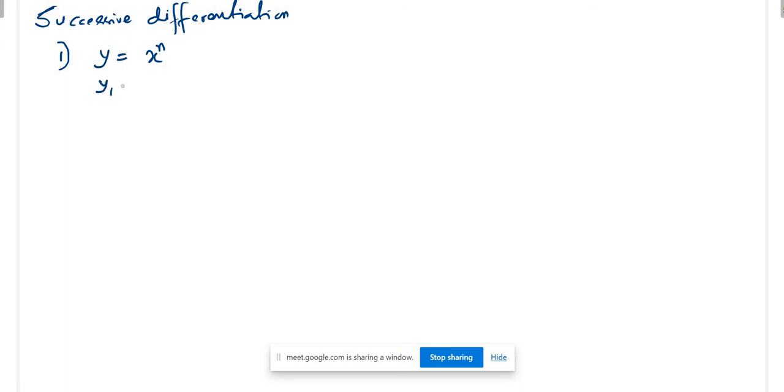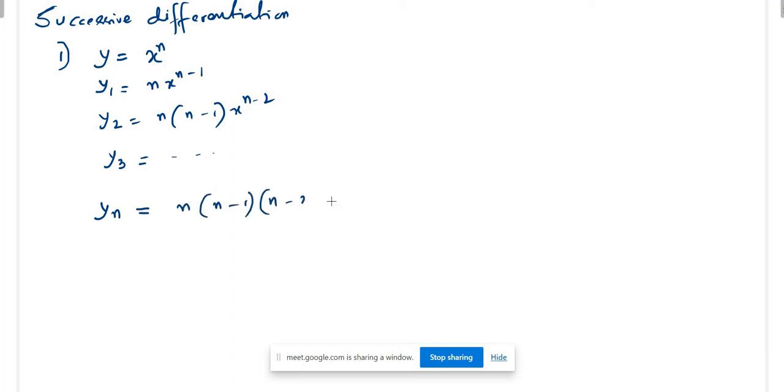Then y1, as you know, is n x to the power n minus 1. y2 equal to n times n minus 1 times x to the power n minus 2. Y3, similarly you can do y3, y4. So generally yn will be n into n minus 1, n minus 2, into 1. So it is actually factorial n, and onwards derivatives yn plus 1, yn plus 2 onward derivatives are all 0.